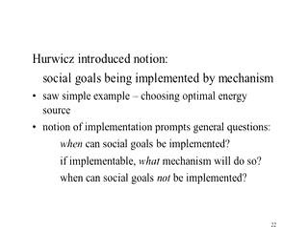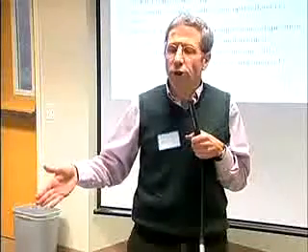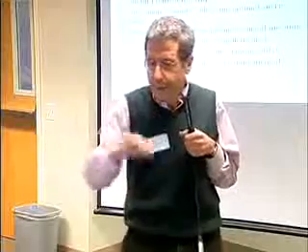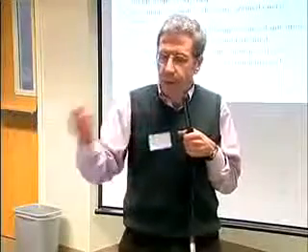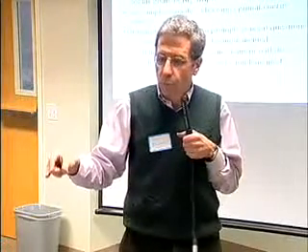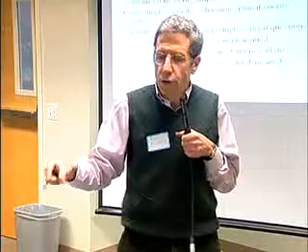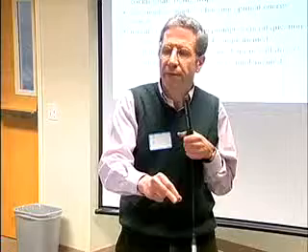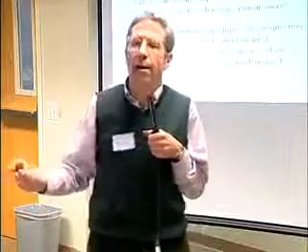But as I've already said, we want to be able to answer these questions more generally. That is, to figure out how to sort social goals into the category of implementable or not implementable.